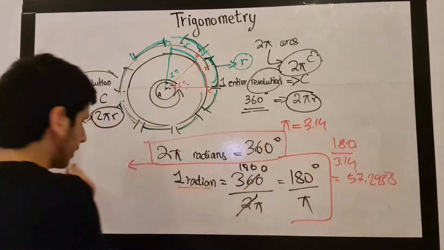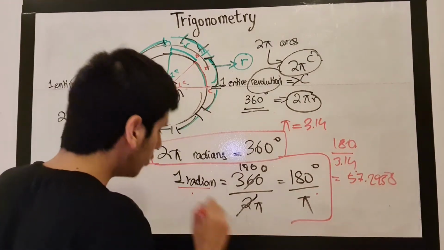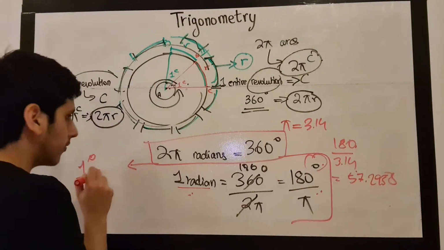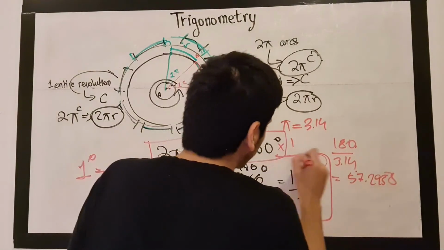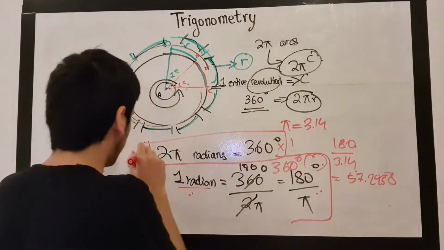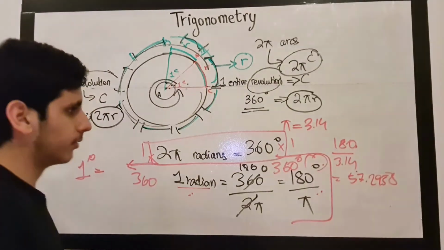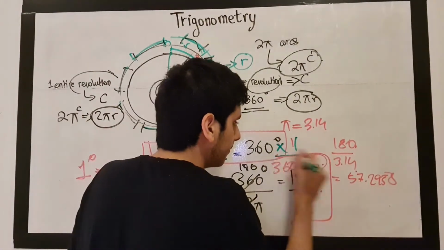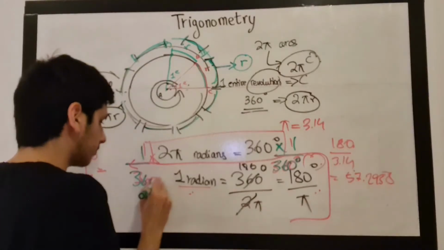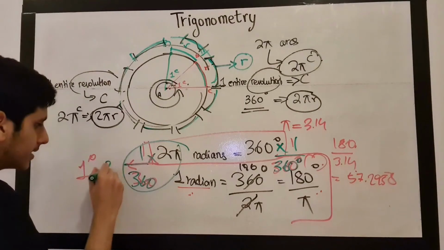I know what 1 radian is in terms of degrees. What's 1 degree in terms of radians? Well, I just multiply this by 1 over 360. Let me use green because I don't think you can see. So I would get 2 pi over 360.